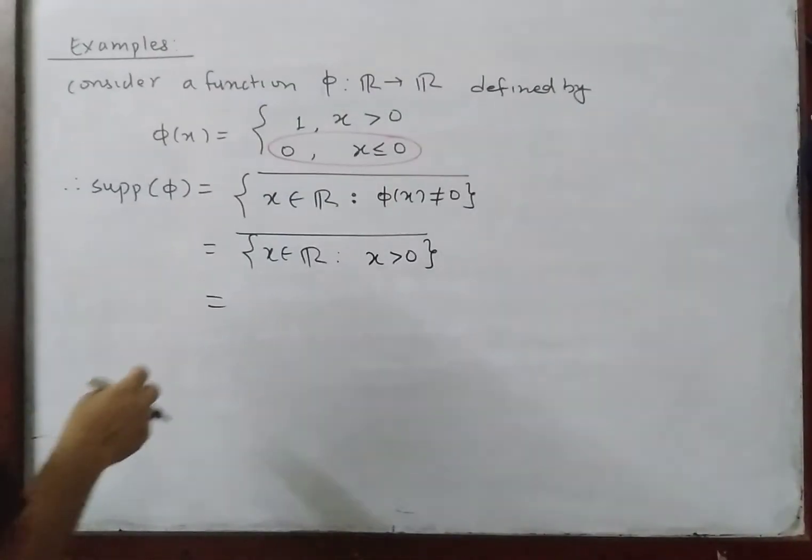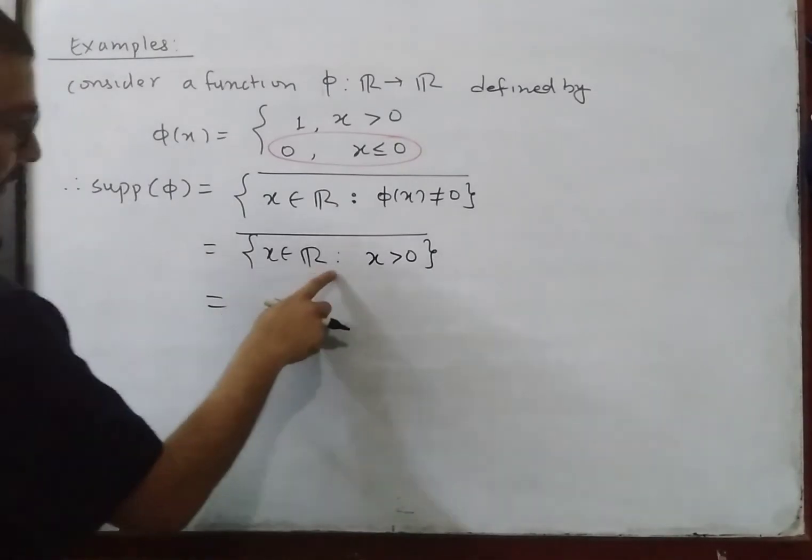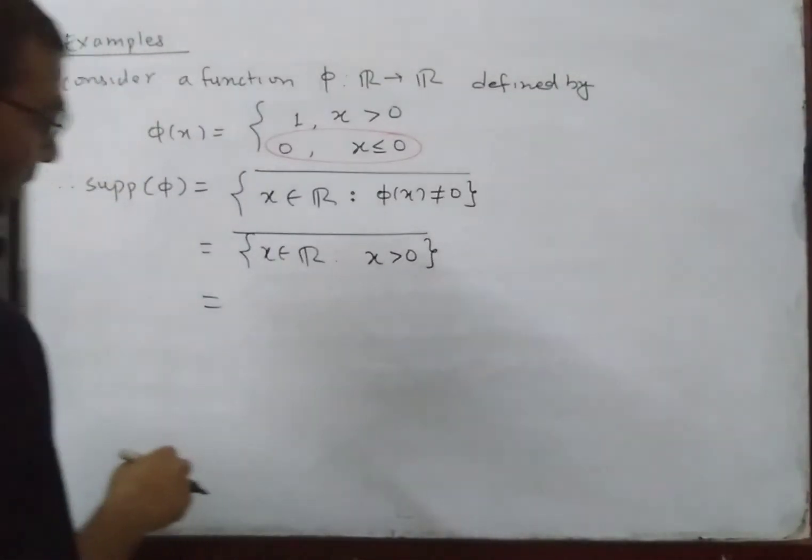So it is the closure of the set x belongs to R such that x is greater than 0.